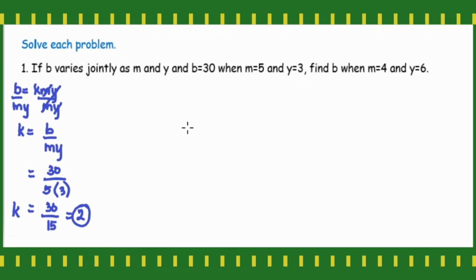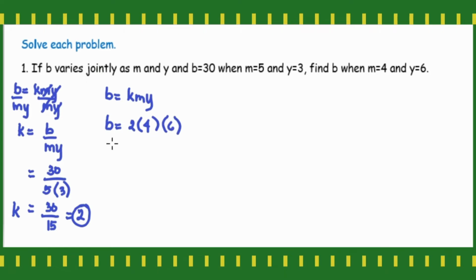The question is to find B when M is equal to 4 and Y is equal to 6. So again, we will use the original equation. It's B is equal to K M Y. It says find B, so we will copy B. It's equal to K, which is 2, times M, which is 4, and Y, which is 6.